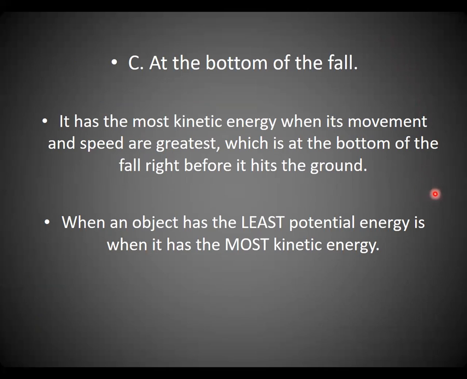Halfway down, potential and kinetic should be equal, right? Because if it's 100% potential at the top and 0 at the bottom, as they go down, they transfer. So halfway down, it's going to be even. Then the instant before that water bottle hits the ground, it's had the longest time to speed up. It's moving the fastest. The instant before it hits the ground, it has the most kinetic energy.